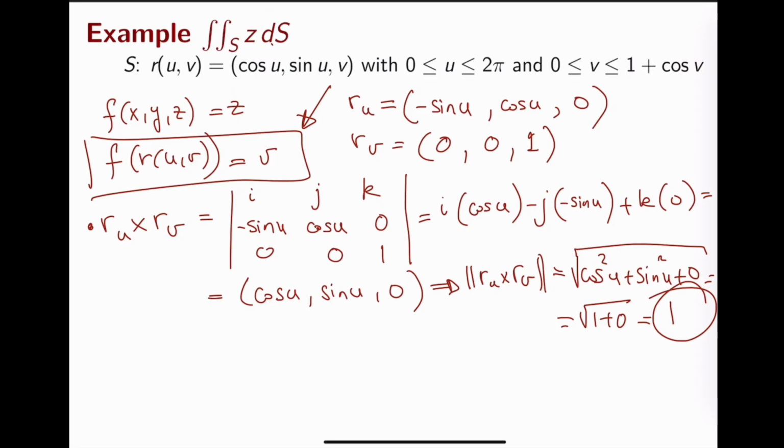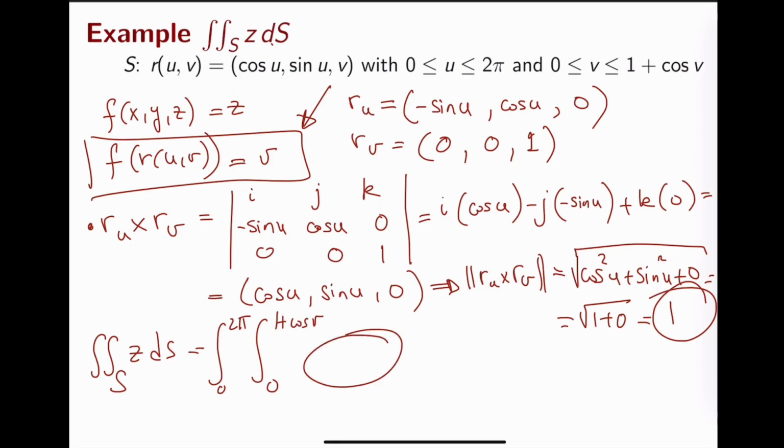So finally, the surface integral over the surface S of z dS is going to be the integral over the domain D, which is given by this. This is going to be the integral from 0 to 2 pi of the integral between 0 and 1 plus cosine of u.